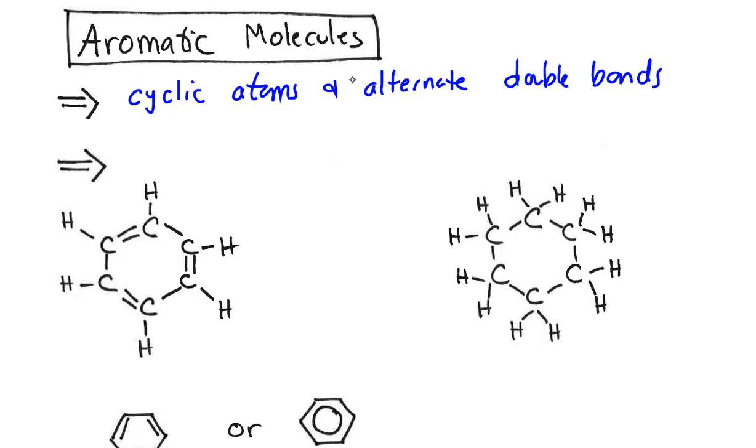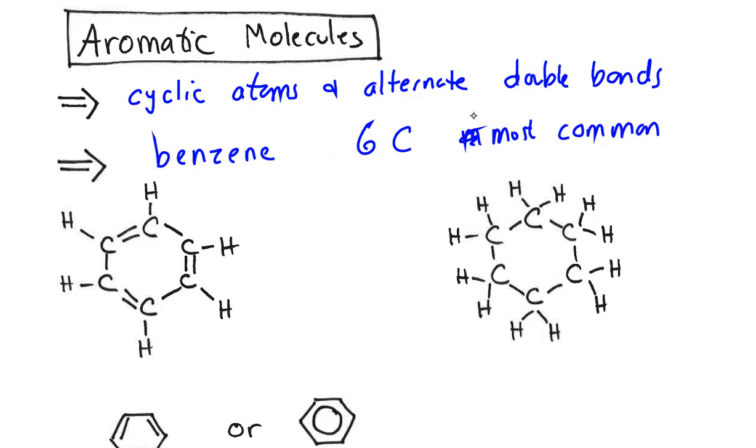All right, and there's one aromatic molecule that is very common, and an aromatic part that is very common, which is benzene, and that is a 6-carbon version of an aromatic molecule. All right, so that's the most common. Common version is a 6-carbon.